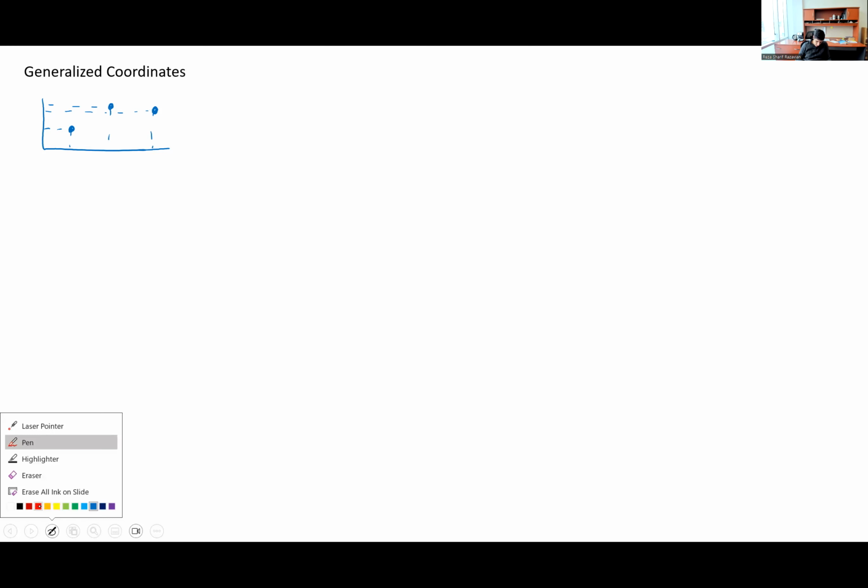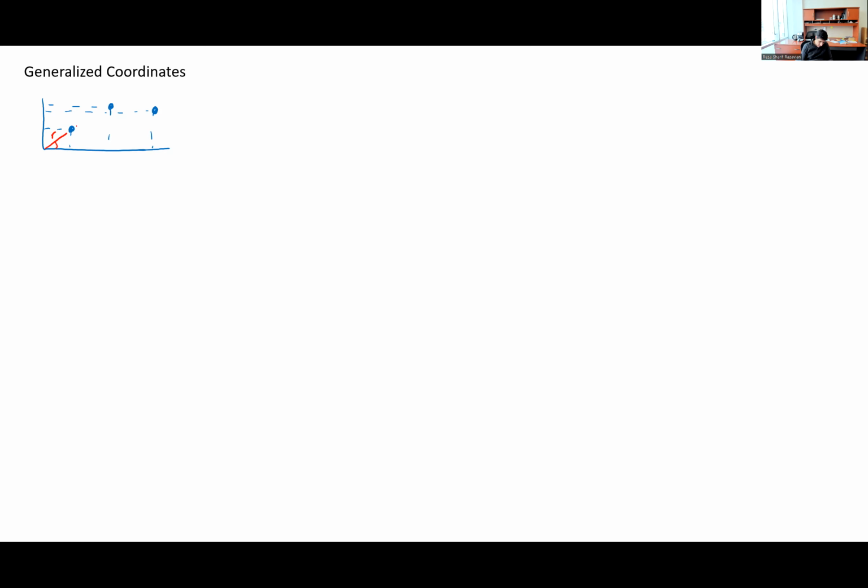Alternatively, instead of working with the coordinates of the particles themselves, I can, for instance, look at a different version of coordinates. So the first one is probably the same coordinate as, you can call it a polar coordinate.